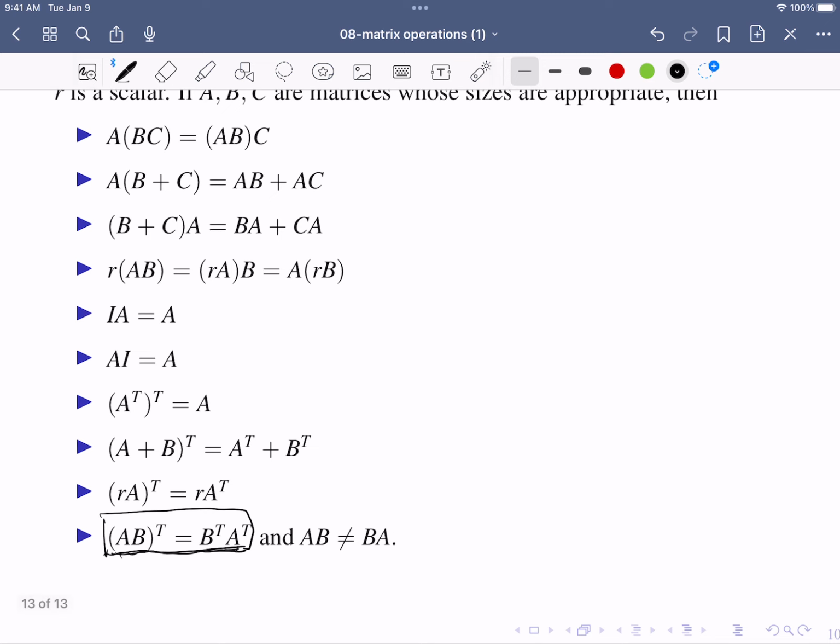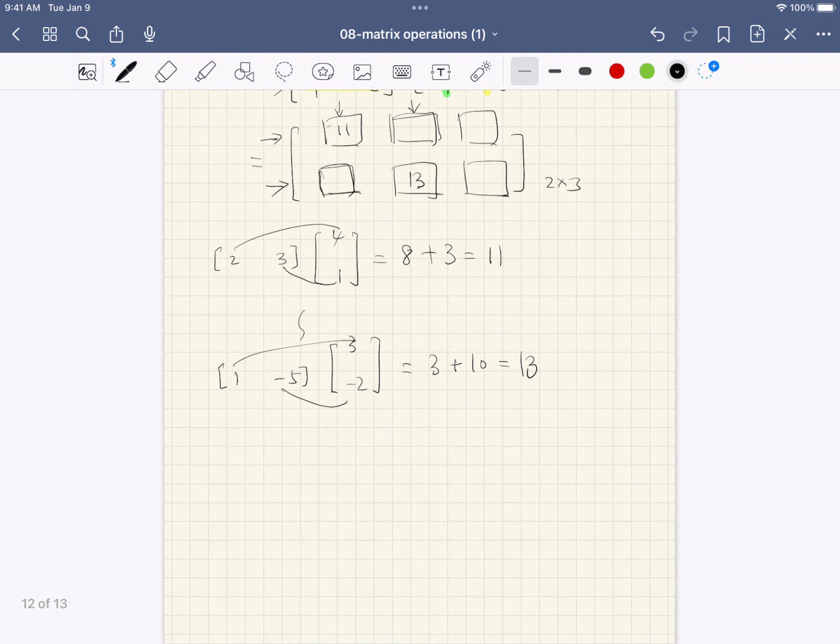This is new for matrix algebra. So to do B transpose A transpose, instead of the step-by-step calculation, we rewrite it by the matrix law as the transpose of AB. Suppose you get this answer, then you just transpose it. So it's supposed to be 11 and something, something, and something, 13, something.